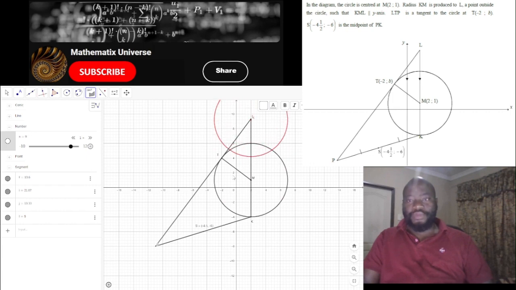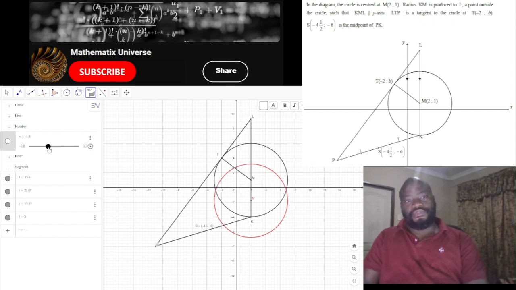That is the point where we want to know what the center y coordinate will be. And again, it happens on this side here. So let me just pause it, and then we can do it manually and move it and see what value actually makes the circles touch.